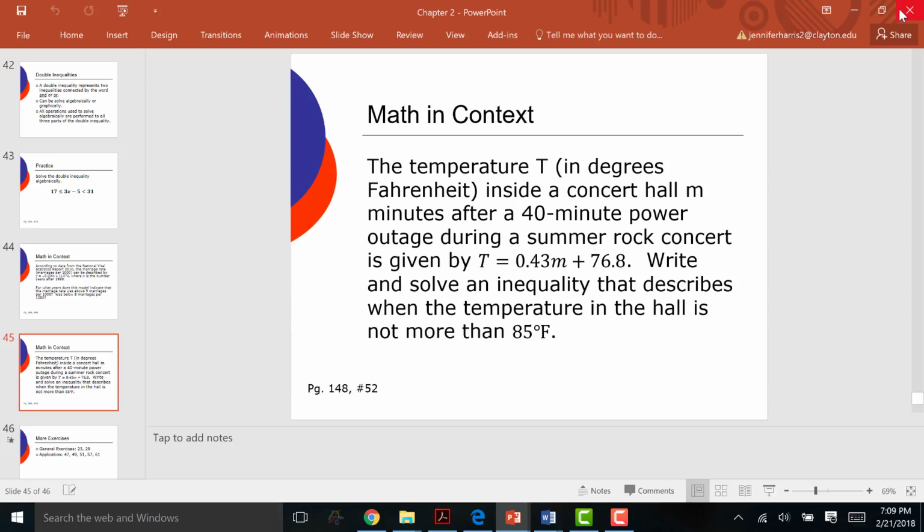So I'm going to subtract 76.8 on both sides. 76.8 is going to cancel out, so I'm going to be left with 0.43 M on the left side is less than or equal to, what is that? 8.2, okay?